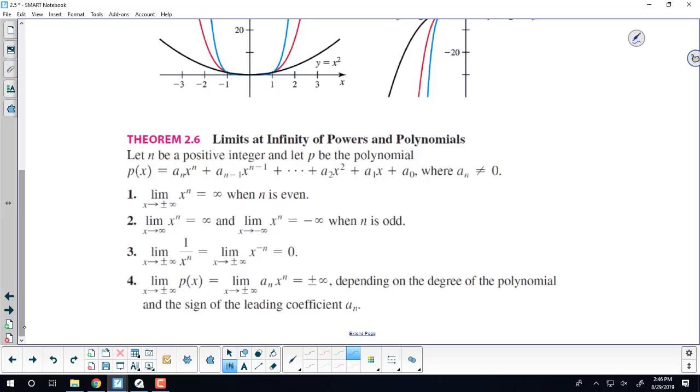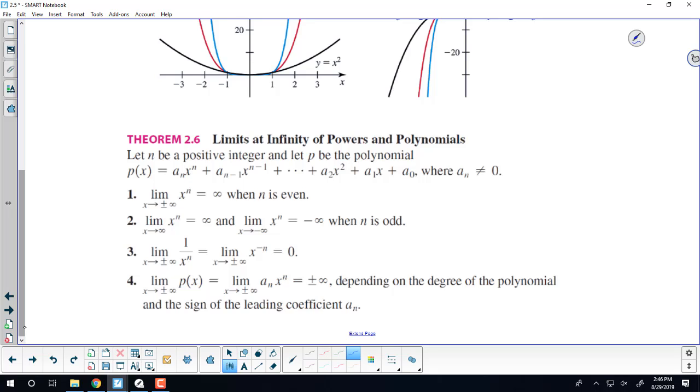Okay, so here's a theorem, which means all of these things are true. All of these things, we can think about what we've just done with polynomials. So if we have an even degree, like x squared or x to the 10th, then the limit as x approaches positive or negative infinity is always positive infinity.